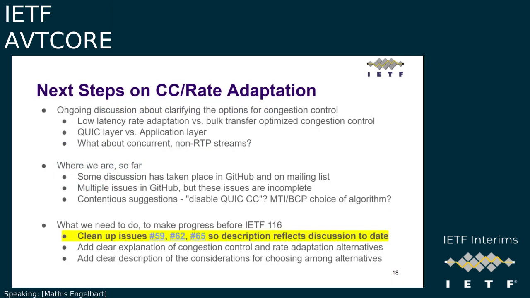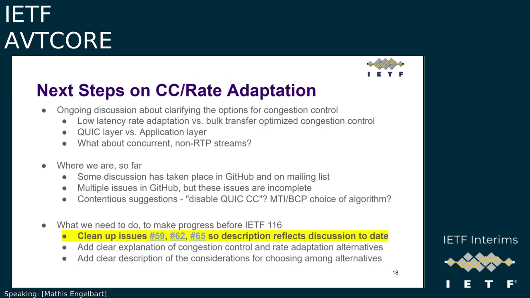So for congestion control and rate adaptation, I briefly mentioned we have new terminology on that. We got the feedback that the whole section on congestion control, as we have it in the draft, needs some more work and needs some clarifications on a couple of questions. For example, we obviously have the question of what kind of congestion control should be used, because RTP prefers low latency rate adaptation, while some QUIC implementations may only provide byte transfer optimized congestion control.